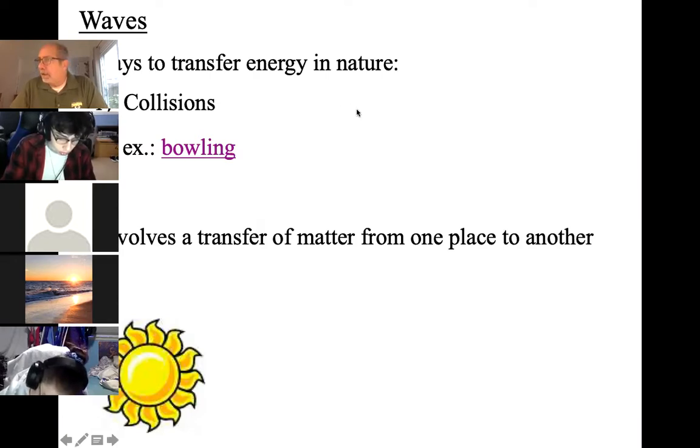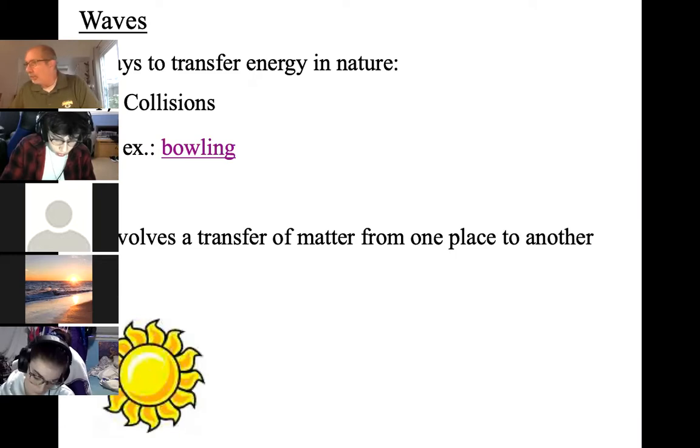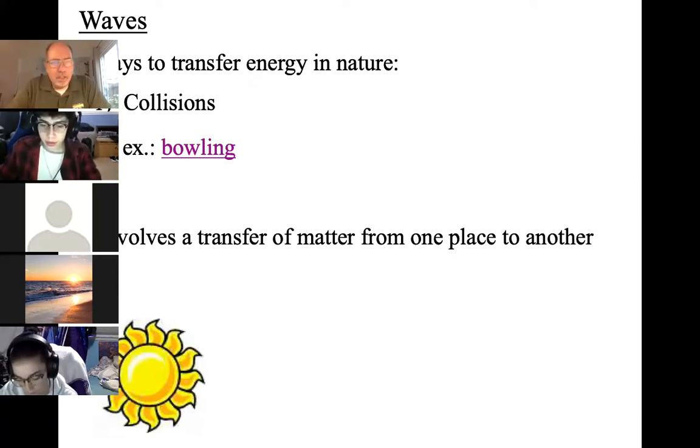Now, what if the sun transferred energy to us via a transfer of matter? What would happen to the sun if it transferred energy to us with a transfer of matter? What would happen to the sun? Anybody want to guess?